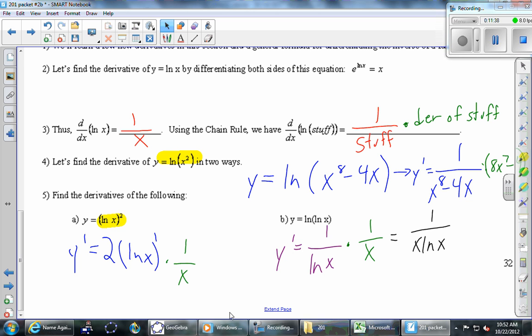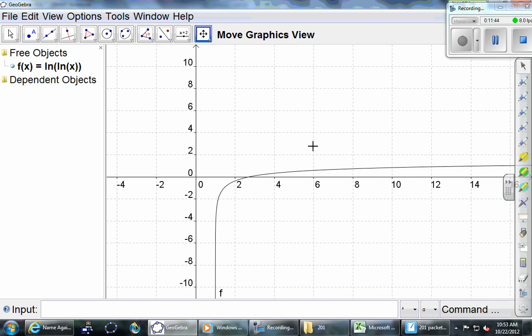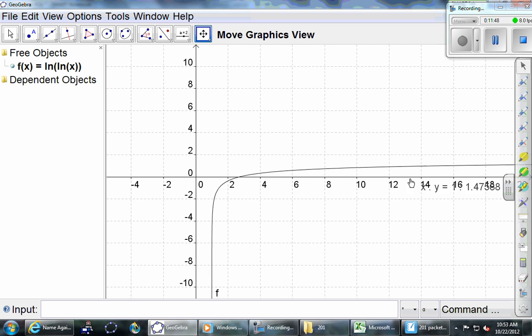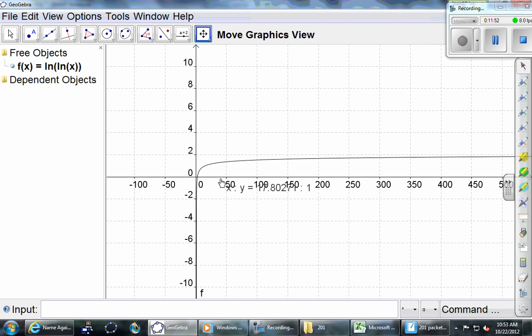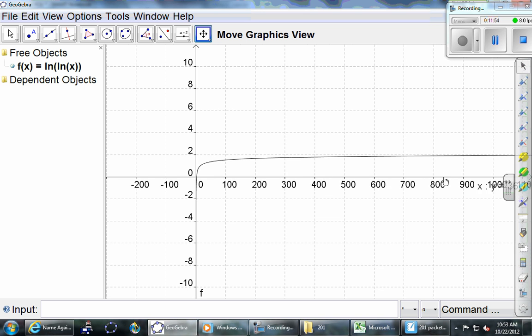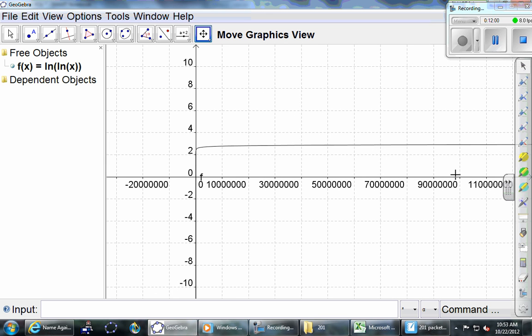Super. And then how does it grow? Well, it looks like it's growing slowly, but it doesn't seem like it's super slow. So let's just pull to the right. I just want to see if we can get it to come up here to 10 or something. So let's pull this to the right and pull it to the right and pull it to the right. Okay, we just got to 2. And then we're still pulling to the right.